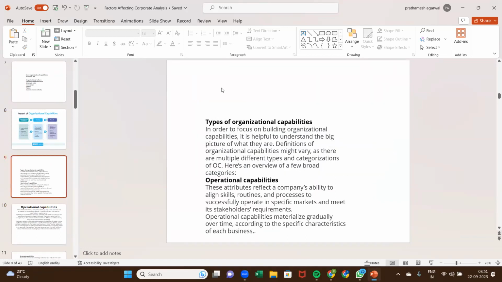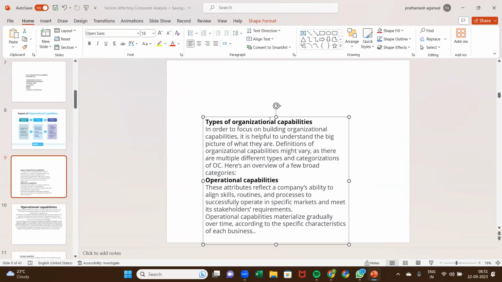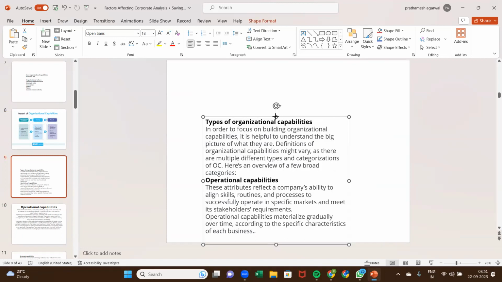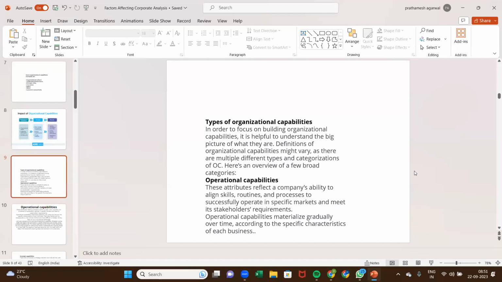Now, what are the types? We just talk about organizational capabilities, but what are the types? In order to focus on building organizational capabilities, it is useful to understand the big picture of what they are. First of all, you understand the organization.